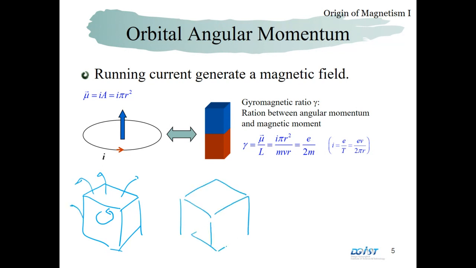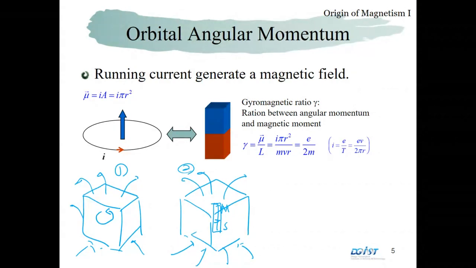And also, if you have such a small magnet inside of this same box, there's a magnetic field. So there's case one and case two. This measured magnetic field is exactly the same. Can you distinguish these two physical cases, case one and case two, from the outside of the box measurement?